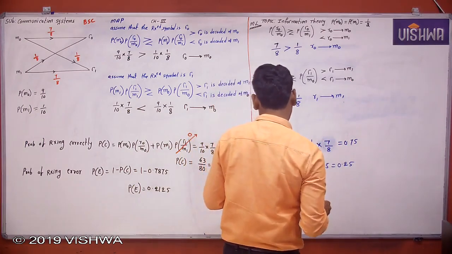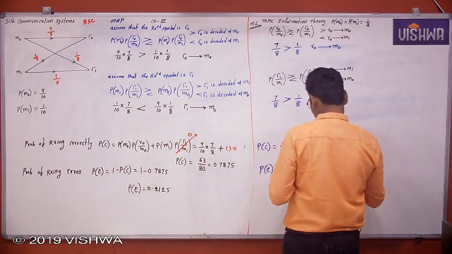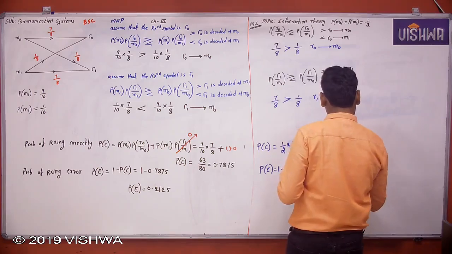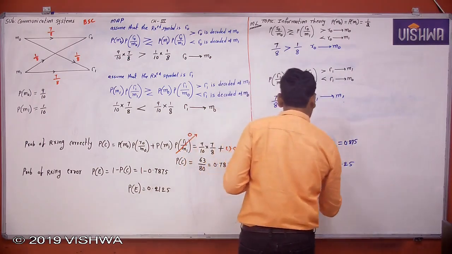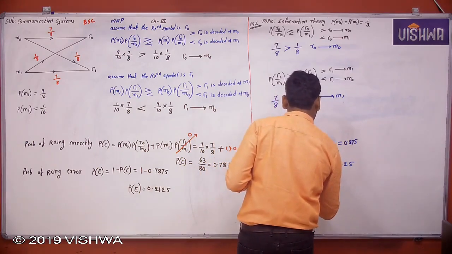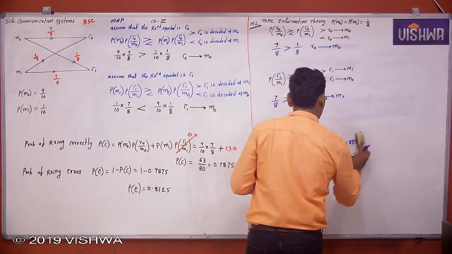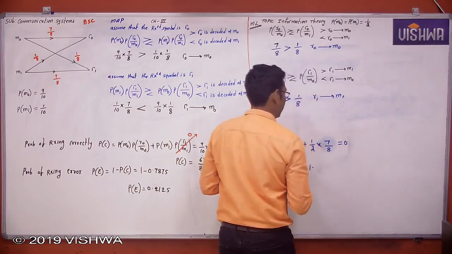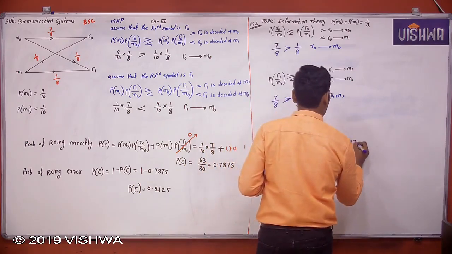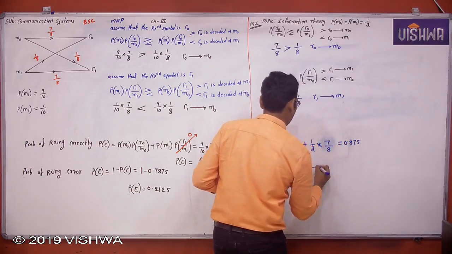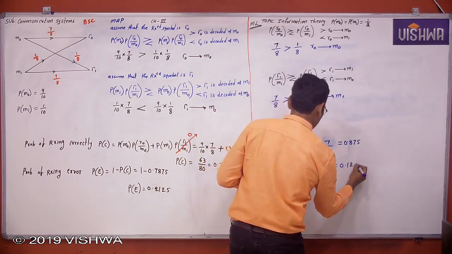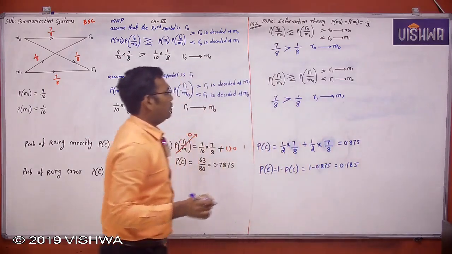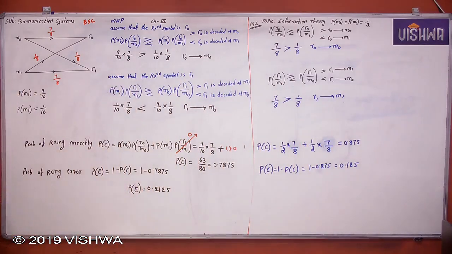Therefore this is 0.875, and the probability of error is 1 minus 0.875. This is the probability of error in ML and MAP decoding.